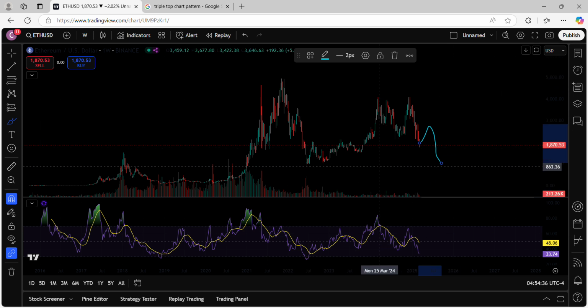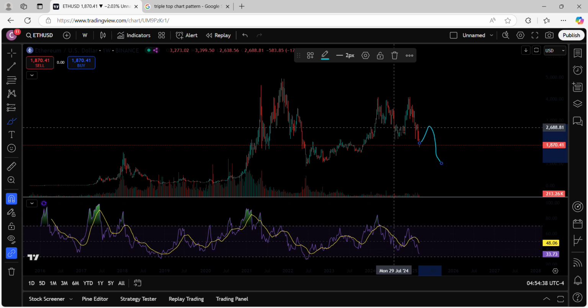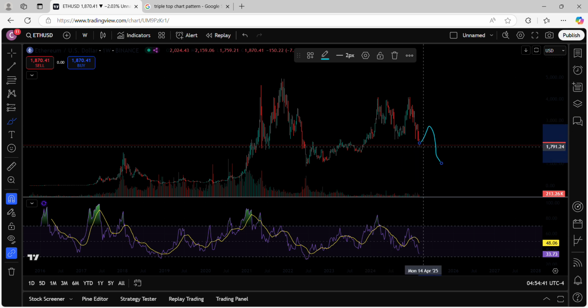And right now we're waiting to see how the right side of the triple top pattern will end. And that right side will end typically when we have a change in policy.